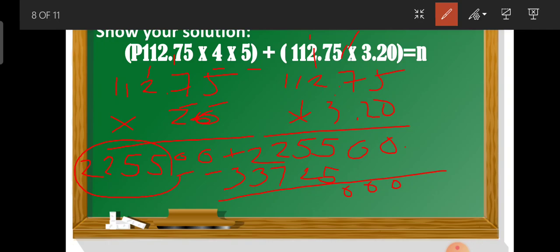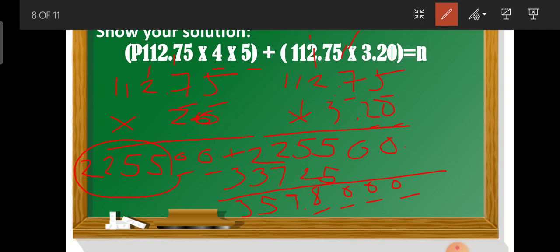Write 1. 1 plus 5 plus 2 is 8. And then that is 9. That is 5. And then 3. So our answer is, you count the number of decimal places, 1, 2, 3, 4. So our answer is 359 and 80 cents. Okay?